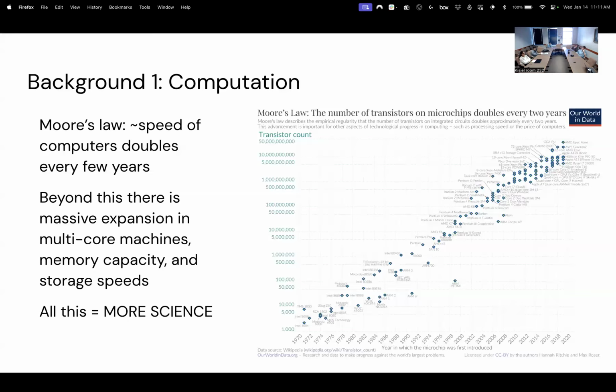While this is slowing down in terms of the classic Moore's law, computers are still getting better and better. That relates to things like multi-core machines, memory capacity, and storage speeds, and all of that lets us do more science. So understanding how to do some of that, and hopefully getting a little more of an overview of what you can do with computation, will be helpful.